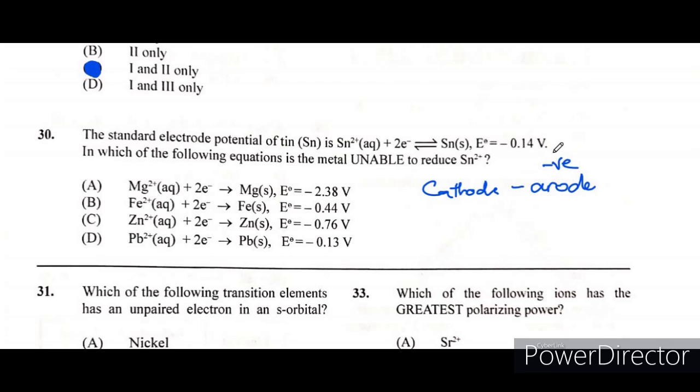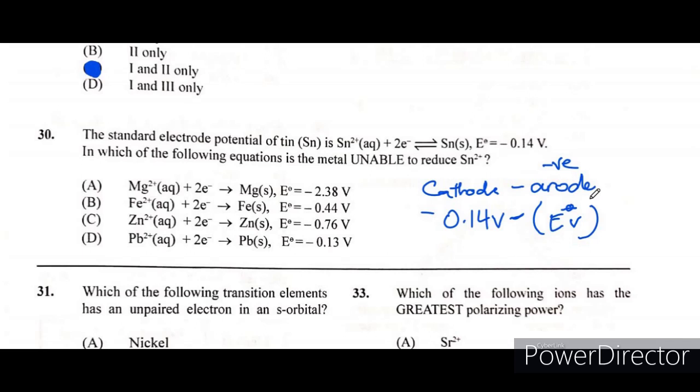And here we see that the tin is being reduced. So that's the cathode. So the tin is always going to be in front here when we're trying to solve our E0 value. So we have minus 0.14 volts, and we're going to subtract the other E0 values. And it says, in which of the following equations is the metal unable to reduce tin?